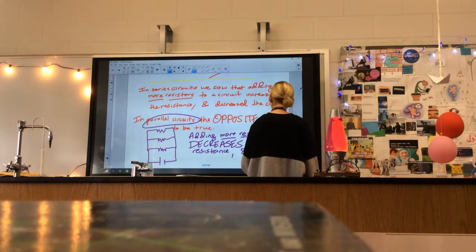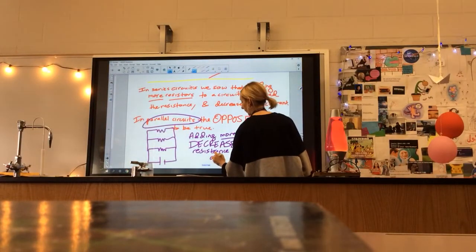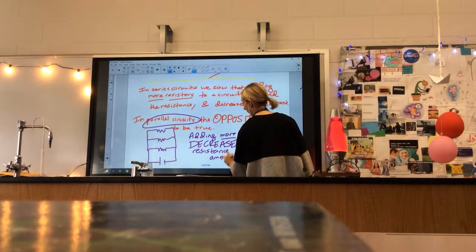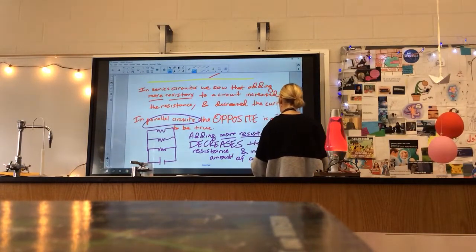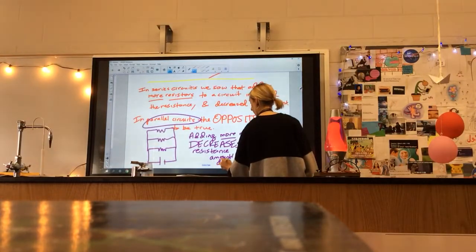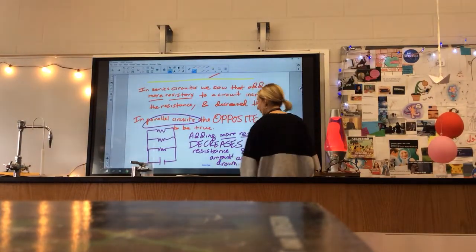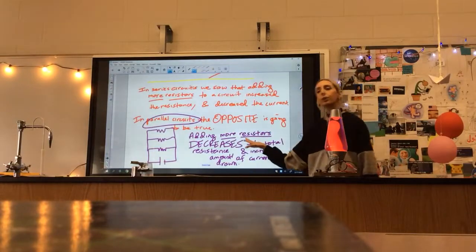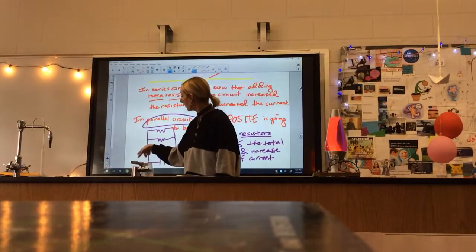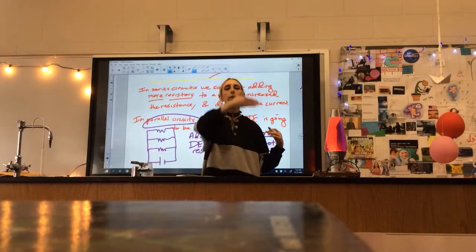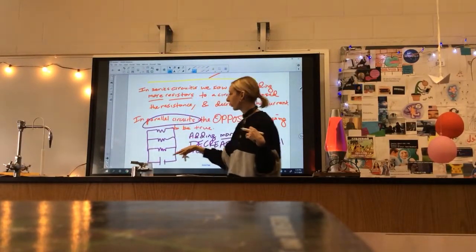I'm going to explain. I'm going to use an analogy. The analogy I'm going to use is the hallways. Everyone who's traveling from one class to another is going to represent charge.